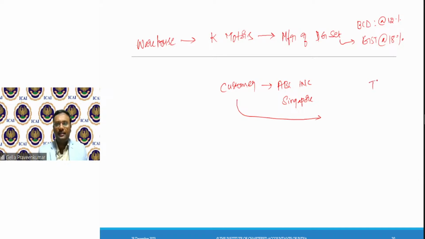I'll call third party customer, who is in, say, USA. Now, this particular Kirloskar Motors supplies the goods to this customer. This customer does a manufacturing activity and supplies the goods to this particular customer in USA.